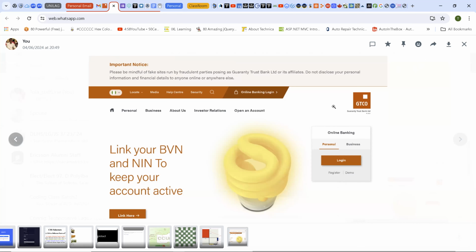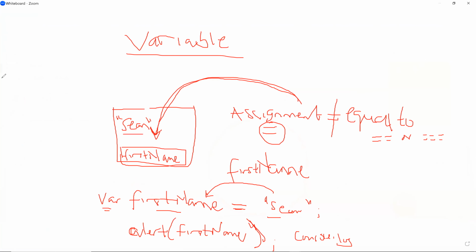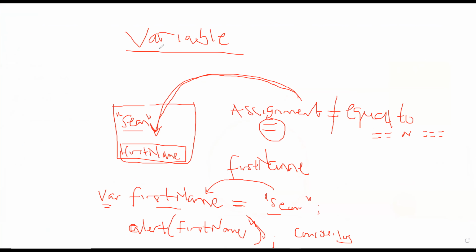I have a question for you, and this is my assignment. I want you to create two variables. First number, second number. Let me just use X instead of 1 and 2.